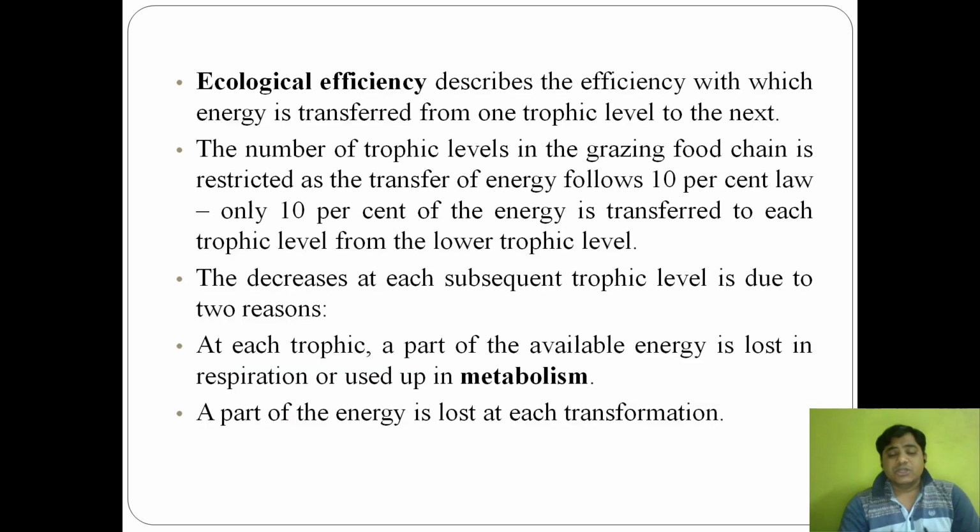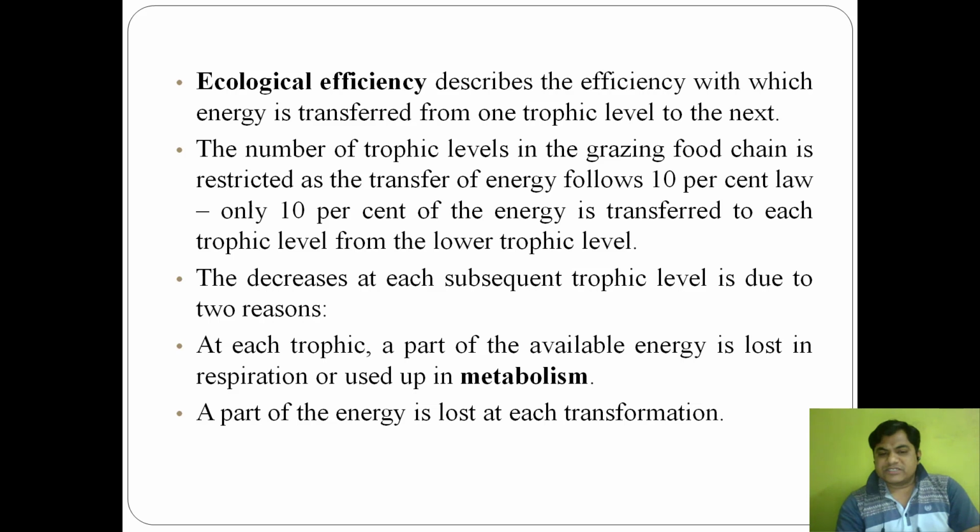And then ecological efficiency describes the efficiency with which energy is transferred from one trophic level to the next trophic level. The number of trophic levels in a grazing food chain is restricted as the transfer of energy follows the 10% law. Only 10% of the energy is transferred to each trophic level from the lower trophic level. The decrease at each subsequent trophic level is due to two reasons.